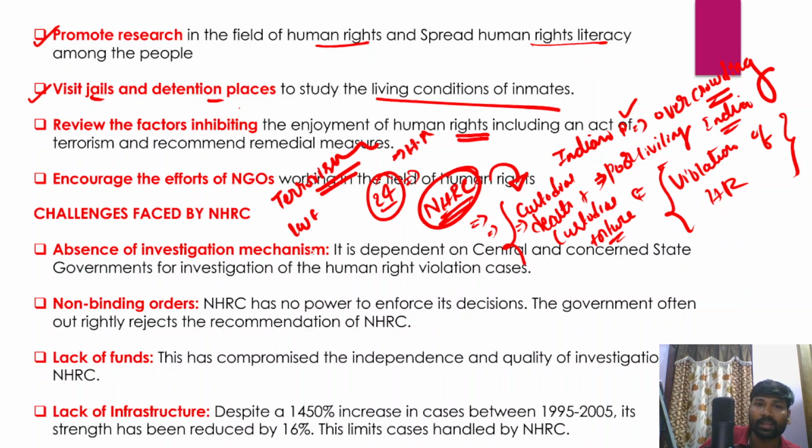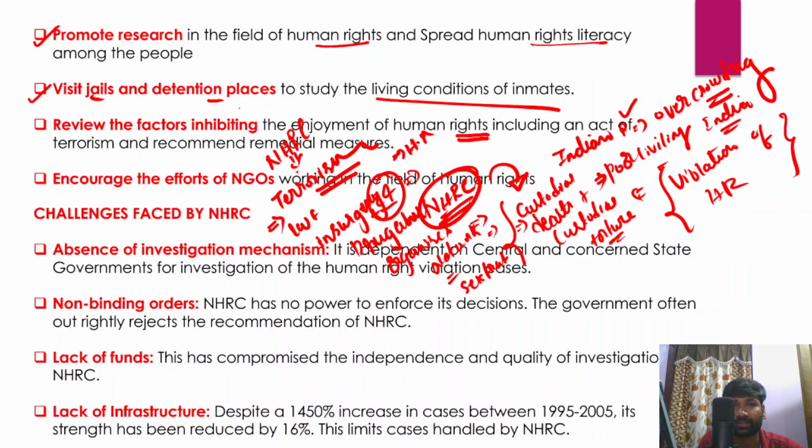Left-wing extremism, insurgency, drug abuse by the people, organized crime network groups, and even sex trafficking of children. All these are factors which have been inhibiting the enjoyment of human rights of people. Therefore, NHRC would also review all these different matters.